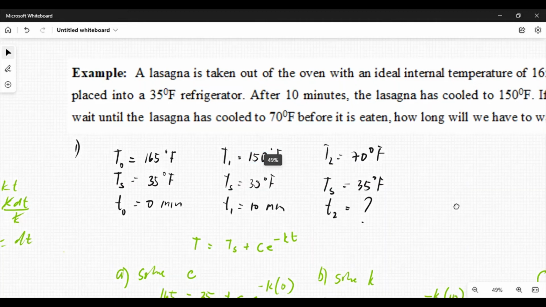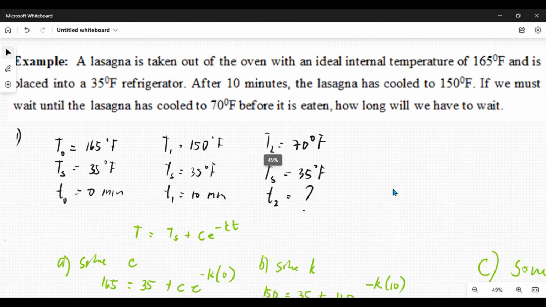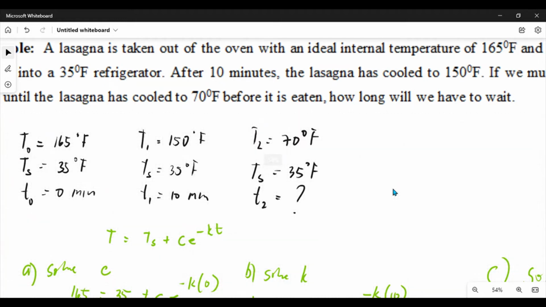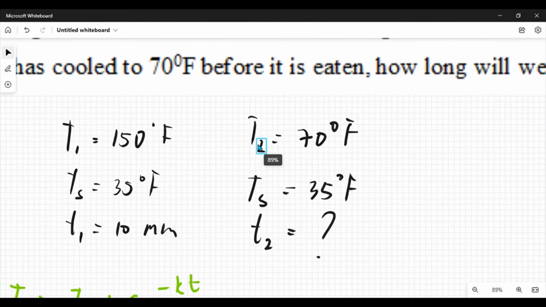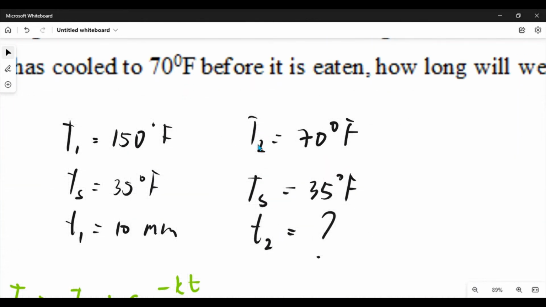Then if we want to predict the amount of time for the lasagna to cool down to 70 degrees Fahrenheit, we will be using the formula that we just derived a while ago. So our T sub 2 here, the temperature, is 70 degrees.